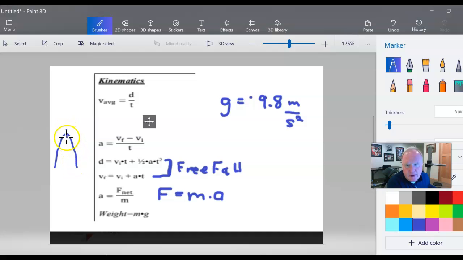And we know that at the top of its path, its velocity is equal to 0. All right, and so when we write this equation, vf equals vi plus at, it becomes 0 equals the initial velocity plus negative 9.8 times t, and then we'll have to solve for t.